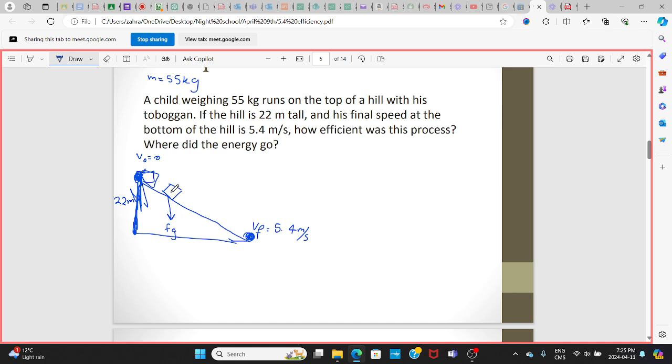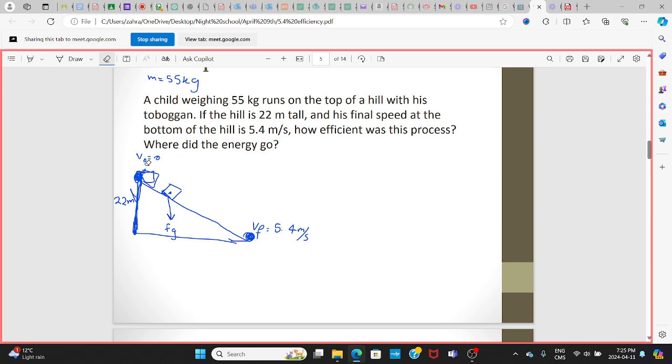The gravitational force is doing the work. I have another force, F normal, but since it is perpendicular to the direction of the movement, I will not take care of that. The gravitational force does the work.